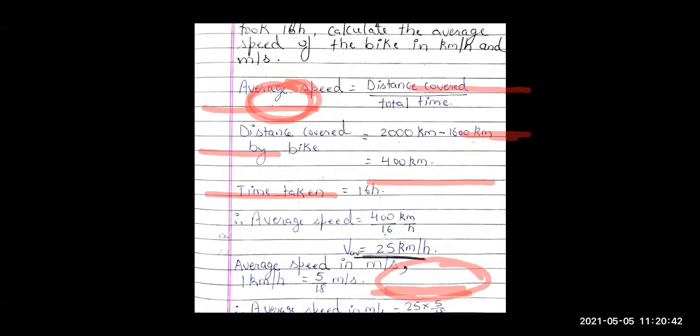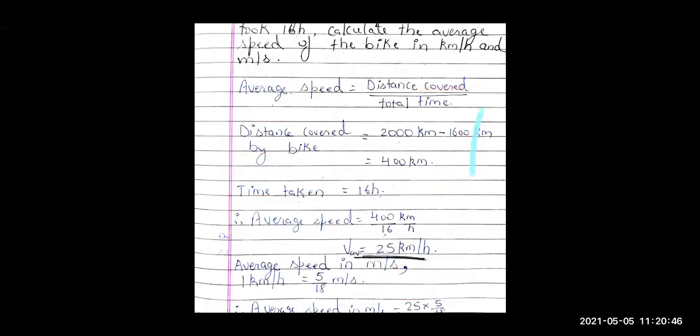Yes, beta. So here you can see that the average speed in kilometer per hour is 400 kilometer upon 16 hours. If you divide it, you will get 25 kilometers per hour. This is the average speed of the bike in kilometers per hour.